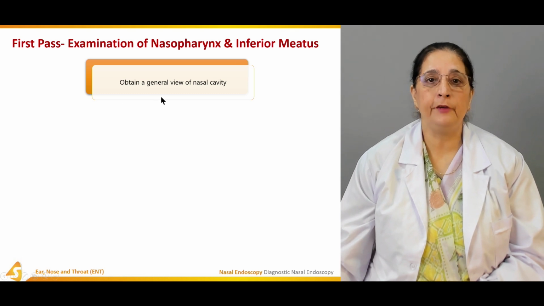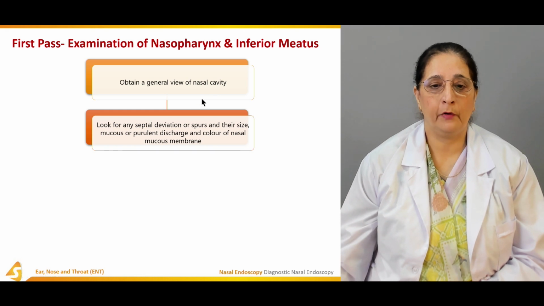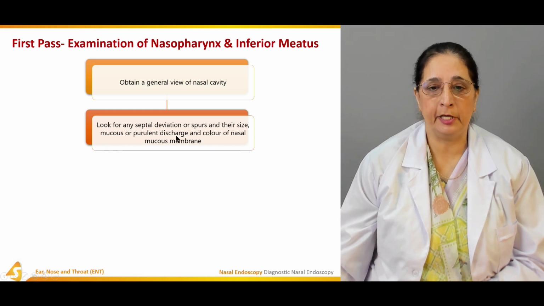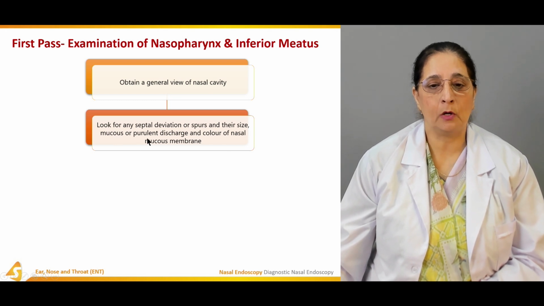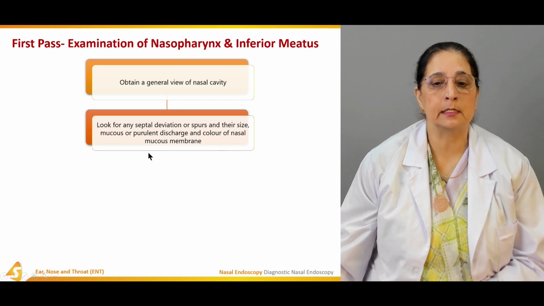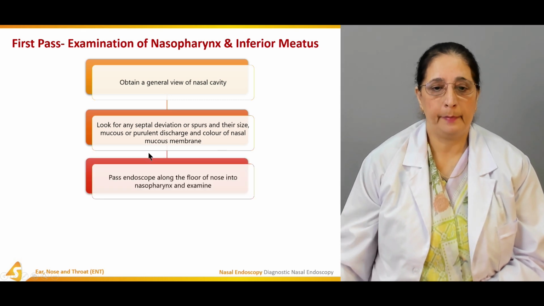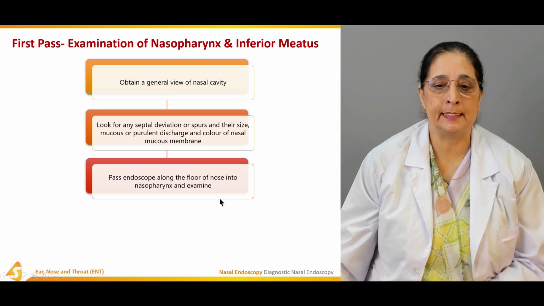During the first pass, just look around for any abnormality or problem that is present. Obtain a general view of the nasal cavity. Look for any septal deviation or spurs and their size, mucus or purulent discharge, and the color of the nasal mucous membrane. Pass the endoscope along the floor of the nose into the nasopharynx and examine.